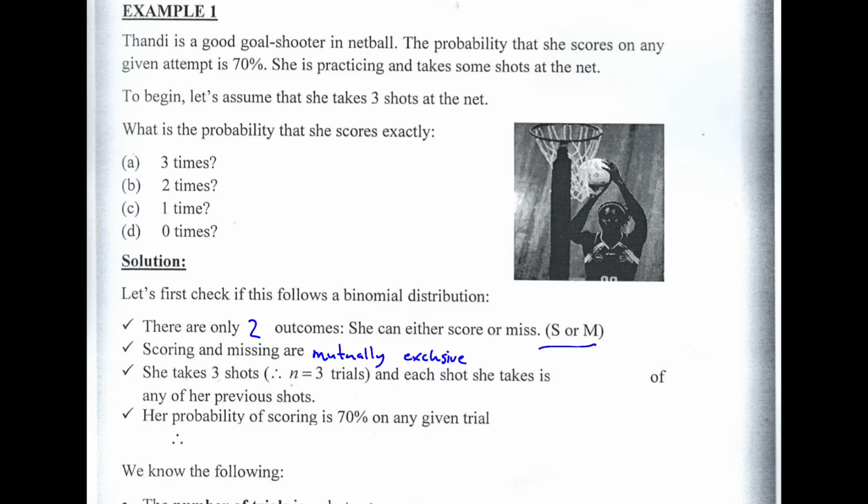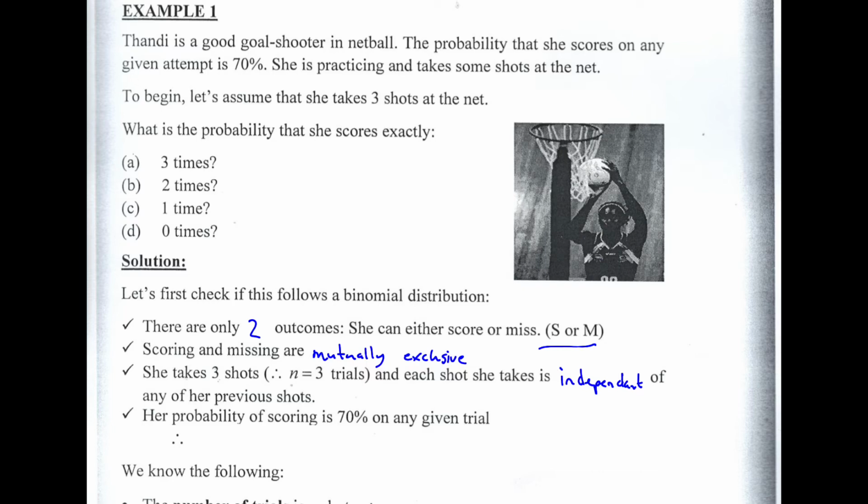Third condition: she takes 3 shots, and each shot she takes is independent of her previous shots, because if she scores the first one, that doesn't necessarily mean that she's going to score the second one. The last condition is we've got to look at whether the probabilities change or not.